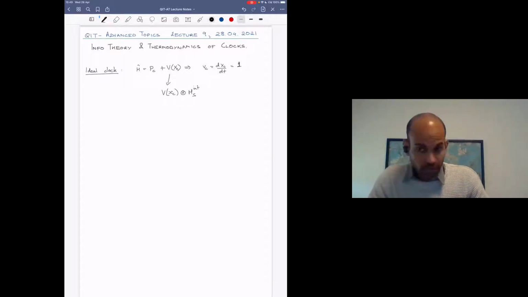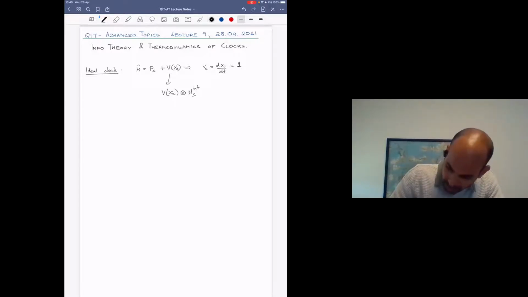And so in the tutorial, you will have calculated that if you have this Hamiltonian of the ideal clock, and your interaction Hamiltonian commutes with the Hamiltonian of the system, meaning that you're doing an energy preserving operation on your system, then you can do this perfectly, in the sense that you can start with a state rho of the clock, tensored rho of the system, and you can go all the way to rho prime of the clock, which is just translated.